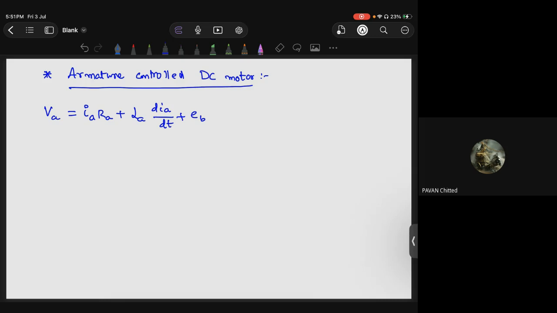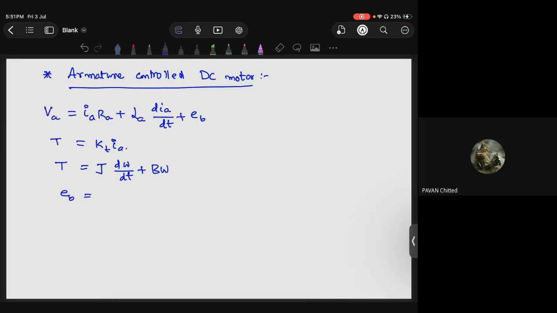So how did we get these equations? Through modeling. You can check any textbook. Here modeling is not our aim. Next, the torque is equivalent to J d omega by dt plus b omega.